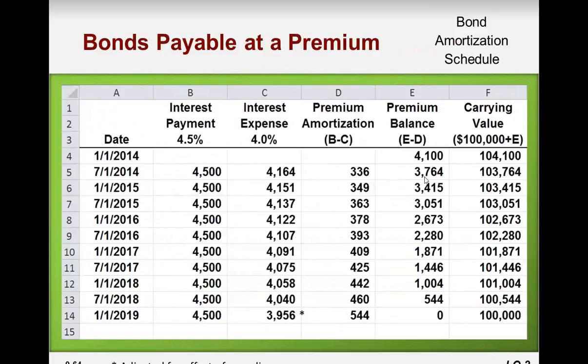And then we subtract D from E to get our new premium balance, our carrying value, and repeat the process. And as in the other problem, where we were going up to $100,000, in the premium we're going down.